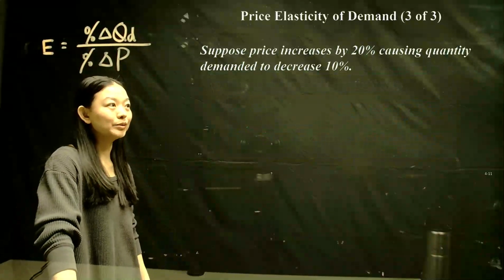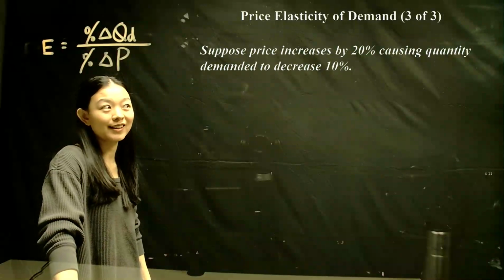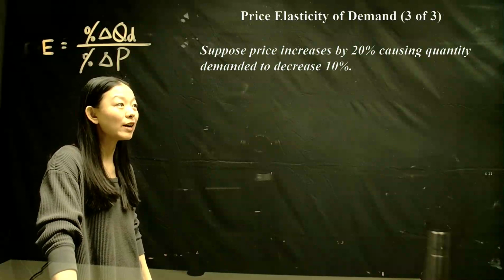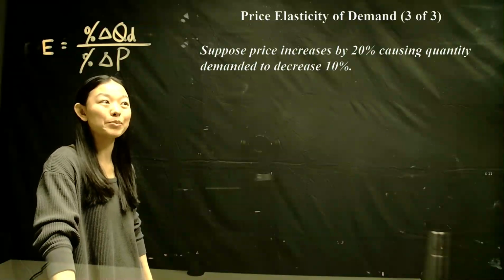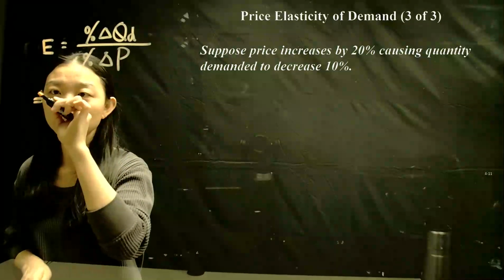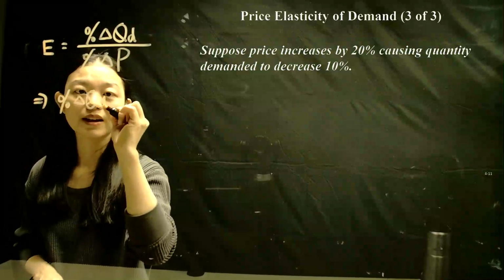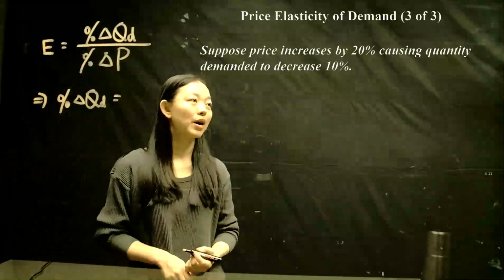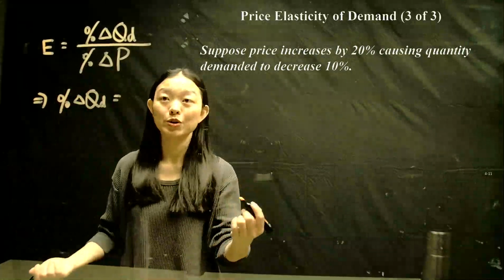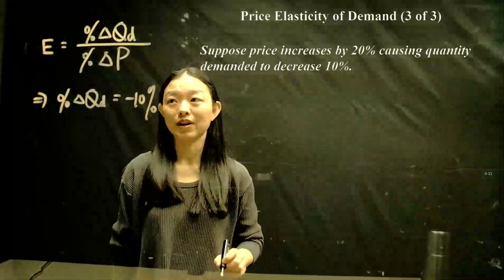Let's look at one example. Suppose the price increases by 20%, and this causes the quantity demanded to decrease by 10%. From this, you can already know whether the percentage change in quantity demanded is positive or negative. It decreases by 10%, so it should be negative 10%, right?